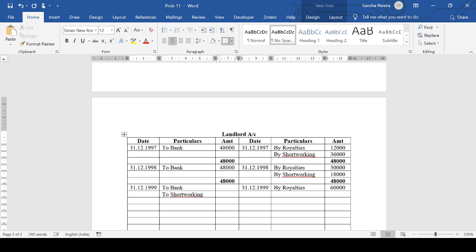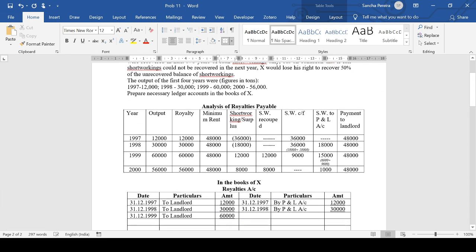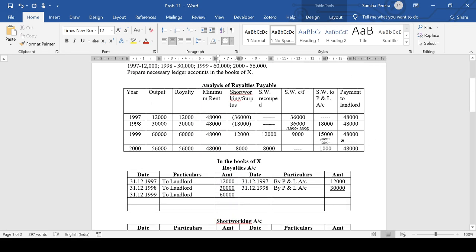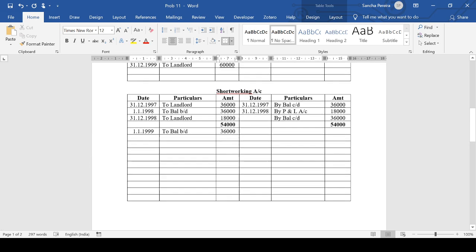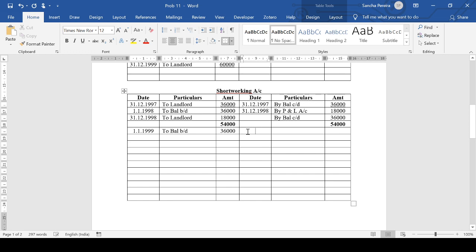So to bank is 48,000. That's a payment that is made, and short working recouped is 12. Let's just check. Payment made is 48 and short working recouped is 12. So if you say to short working here, in short working it will be by landlord, 31st December 1999, by landlord. That is 12,000.